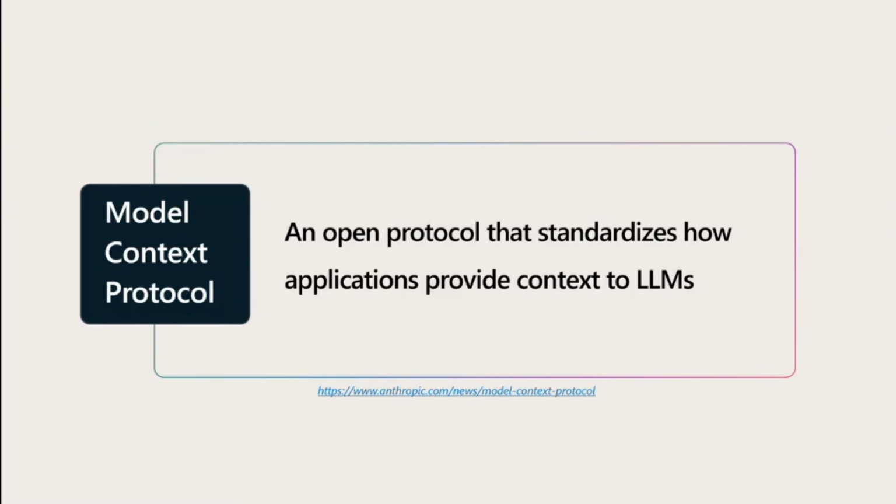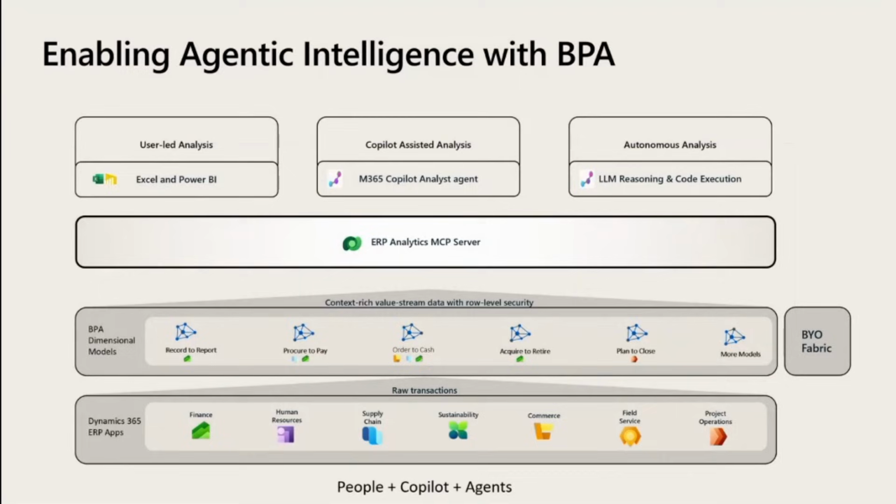Now, where does our MCP server sit? If you remember the complex slide that you just saw 3 minutes ago, the MCP server becomes this abstraction layer that enables you to perform user-led analysis through Excel and Power BI, Copilot system analysis through Copilot agents, and any other autonomous analysis driven by your AI and LLM applications without having to create individual workflows and integrations yourself.